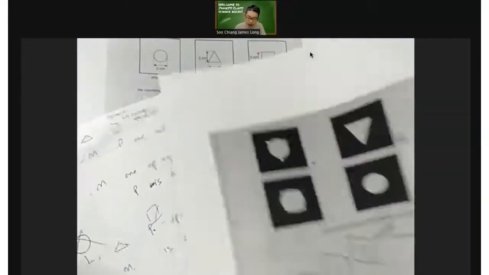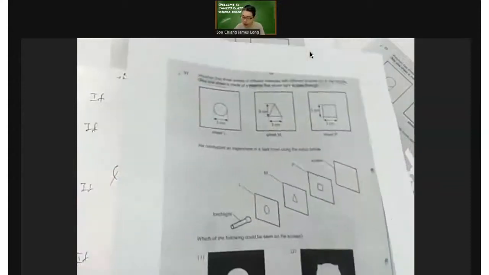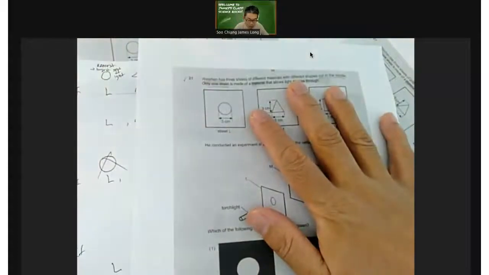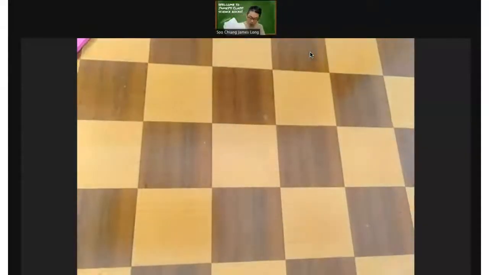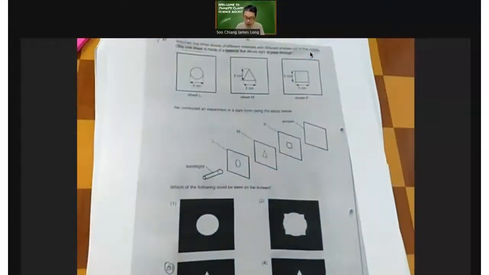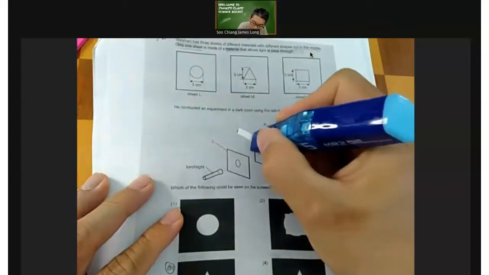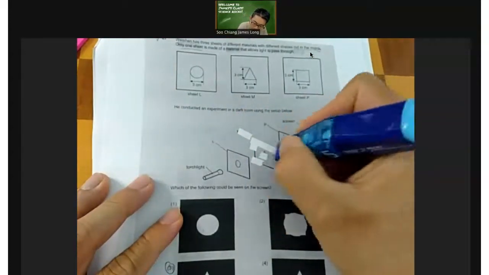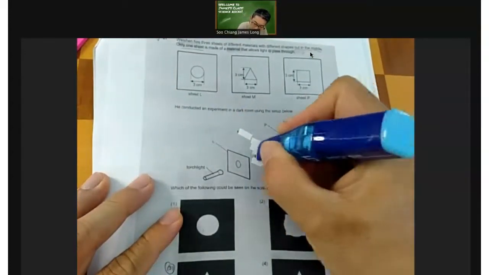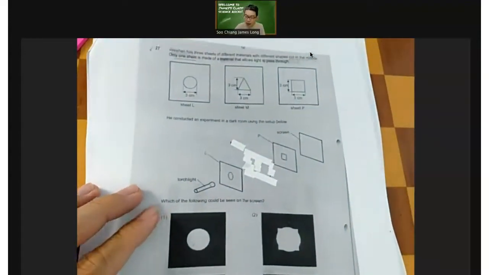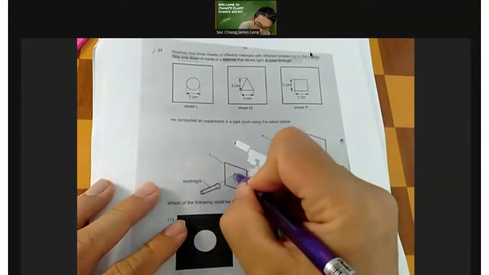If now N is the one that is transparent, so I will remove away N. Remove away M, so no more M. Oh, I see. I will see the light will pass through this.